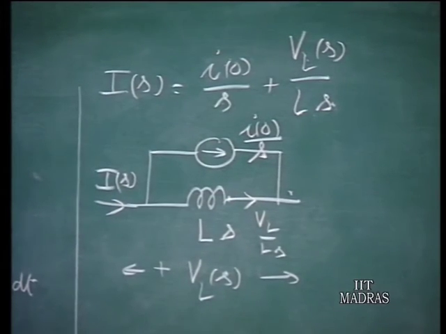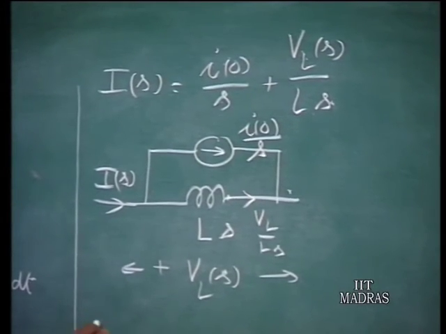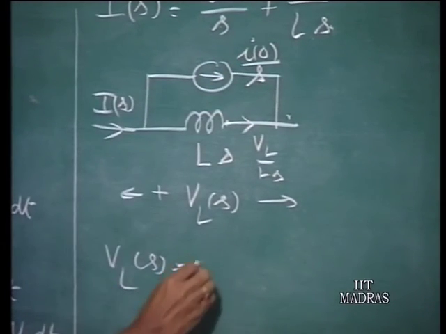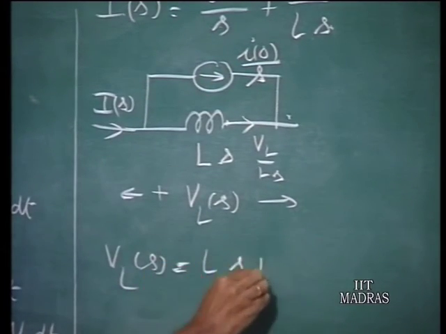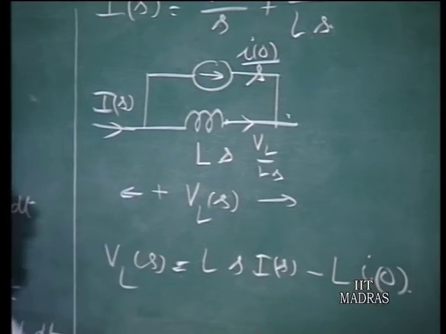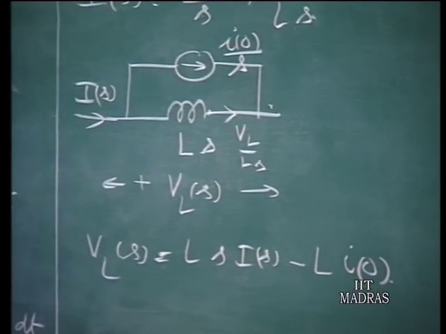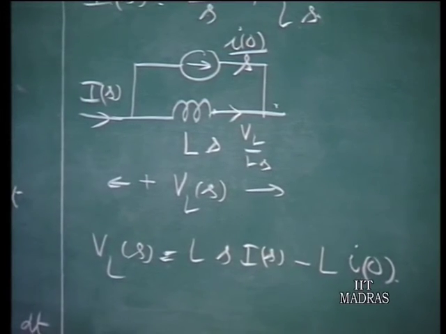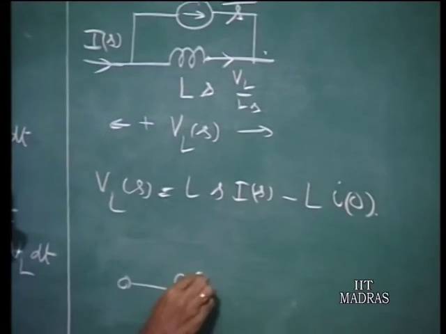Now on the other hand, if you like to express VL of s in terms of I of s, I can write VL of s equals, from the same equation, Ls times I of s minus L times I0. So this equation lends itself to an interpretation in the transform diagram in this manner.